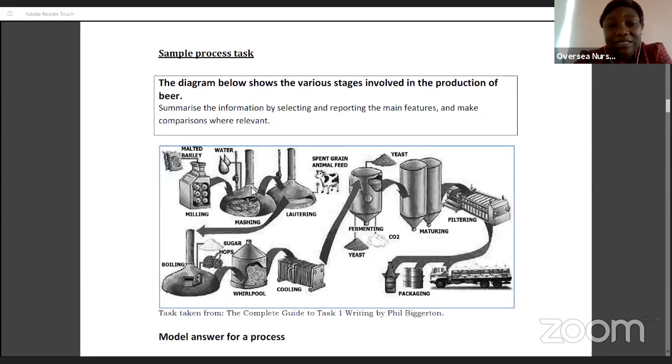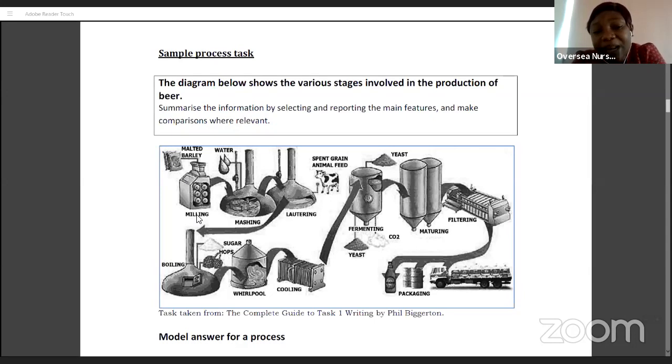What is our overall statement? Our overall statement is that overall, there are about 10 stages in the manufacturing of beer. I have used brewing the first time. Now I'm going to use manufacturing. There are about 10 stages in the manufacturing of beer, beginning from the milling of malted barley until the packaging of the ready-made beer to distribute or to send to customers, anyhow I want to write it.